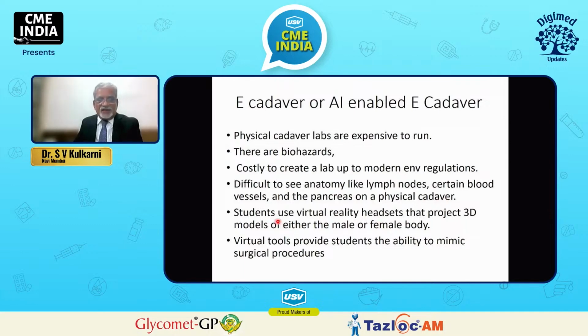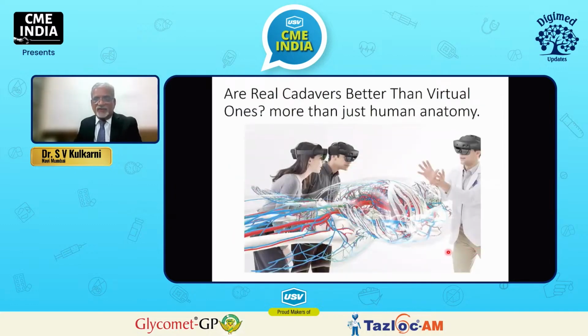And that's why students use virtual reality headsets which project 3D models of either the male or female body. These tools give students the ability to mimic surgical procedures. So these are something which they are wearing on their head. The teacher can ask about a function or origin or insertion, as we normally face in the first MBBS.